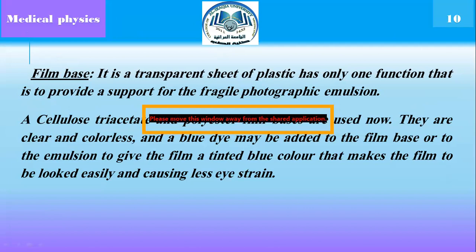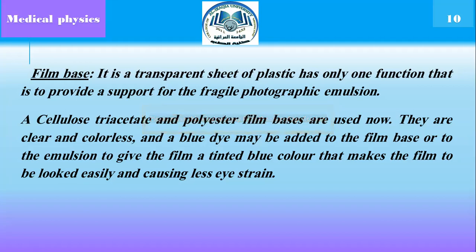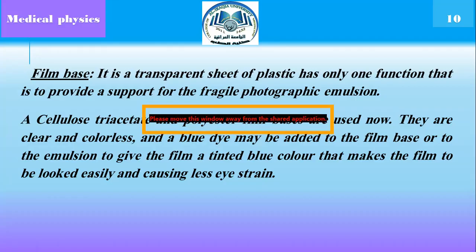They are clear or colorless, and a blue dye may be added to the film base or to the emulsion to give the film a tinted blue color that makes the film easier to look at and causes less eye strain.